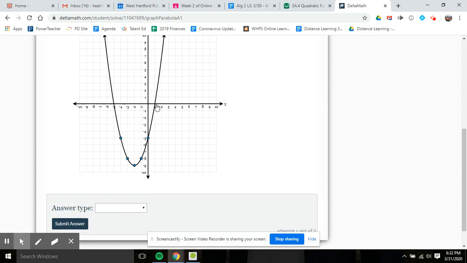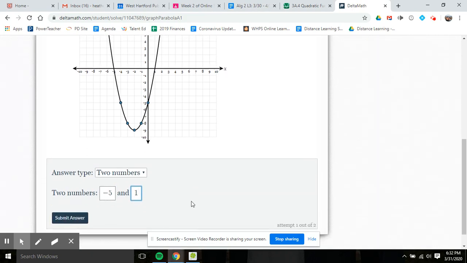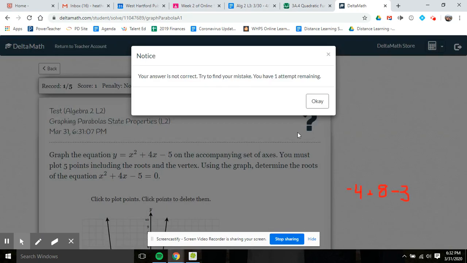The roots are the x-intercepts. So I have 2 x-intercepts, which means I need the option that says 2 numbers. And the 2 numbers are negative 5 and 1. So you have to pick what type of answer you need in order to answer the question. So those are my roots.